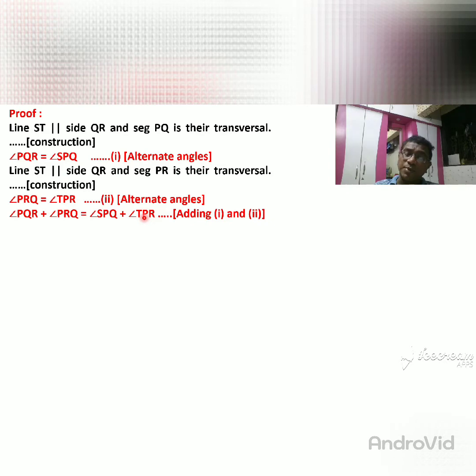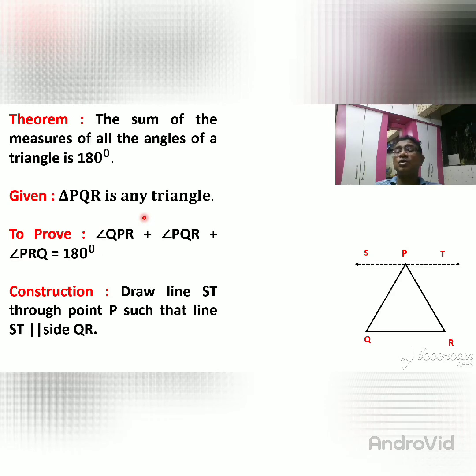Then we are going back again to see the diagram, because it is very important to see the diagram. So see, this is the Q, this is the P, and this is the R. So this is the QPR angle, this P angle. P angle is common in between, a common angle.